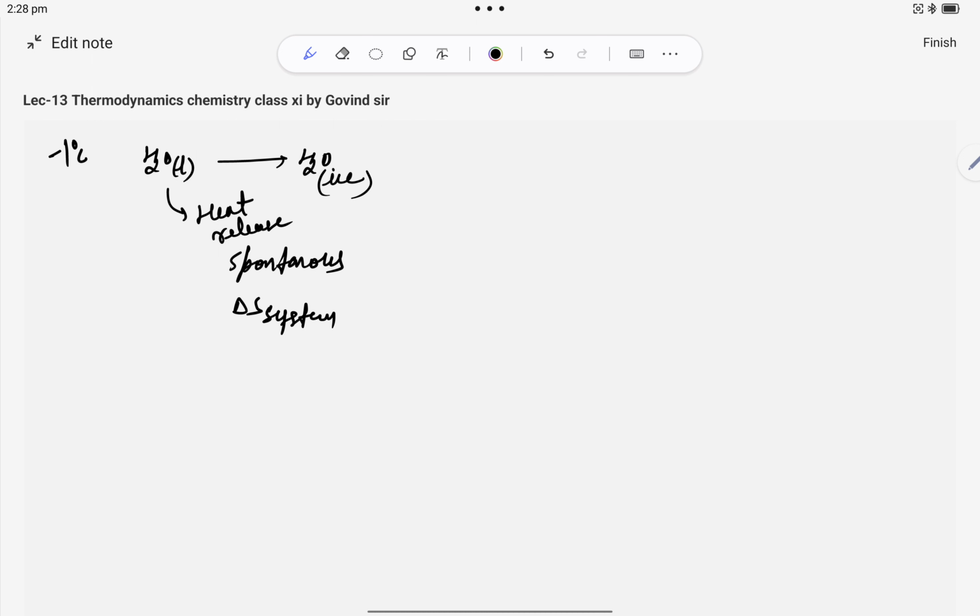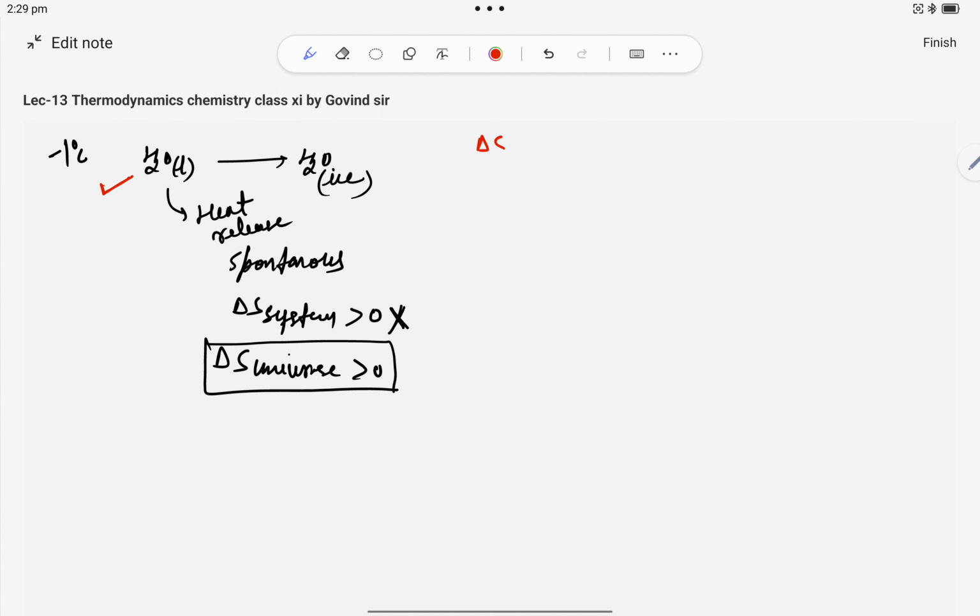But delta S of system: liquid converted into ice. What is going on here, children? Liquid is a disorganized system and ice is an organized system. So here delta S is not greater than 0. But S of universe is greater than 0. Now you will be confused. Wait one minute, because here it is not an isolated system.